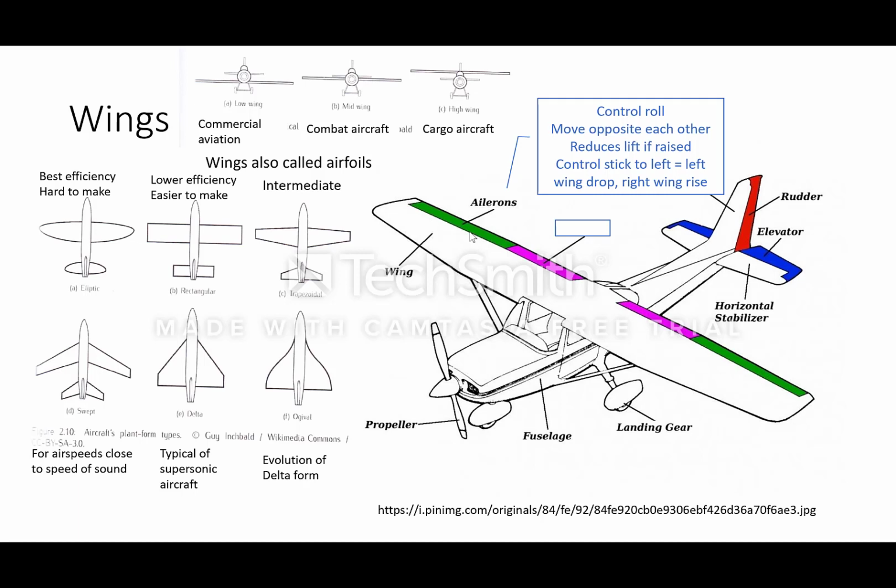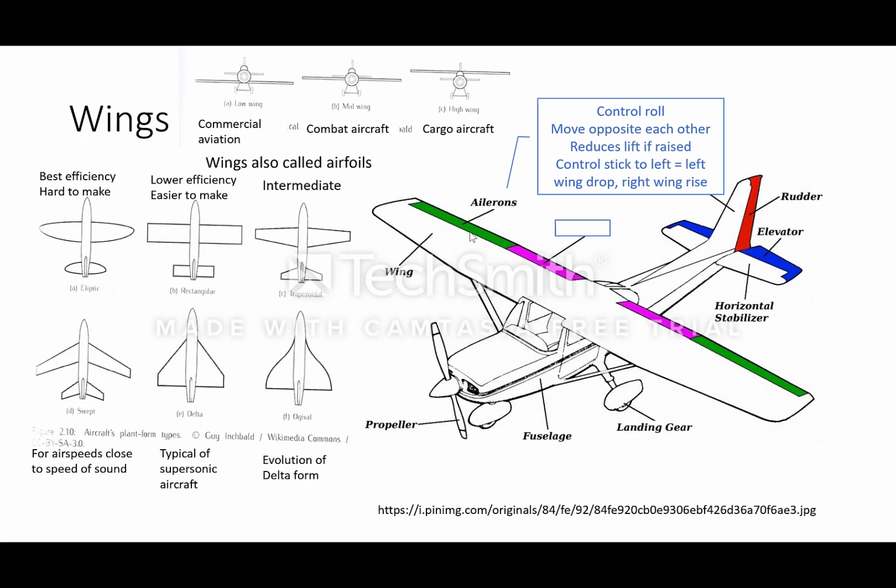And that increases drag on that side of the plane, which increases the pressure above the wing. If you have more pressure above the wing, it is going to push that wing down. That will cause the other wing to go up.